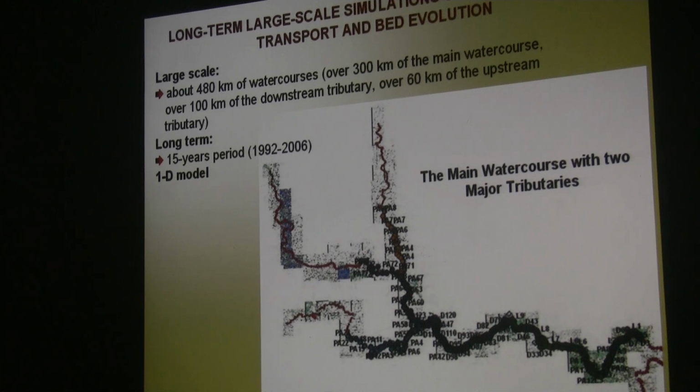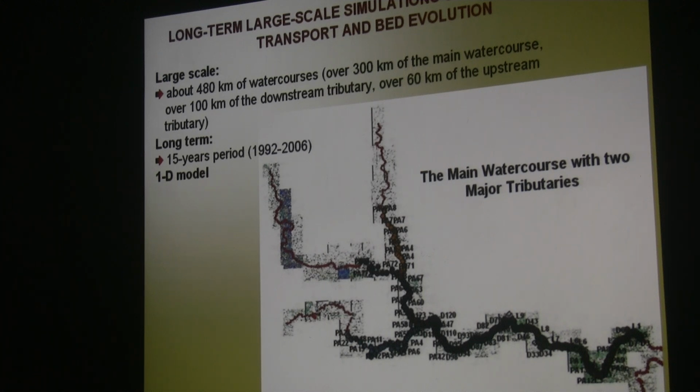I'm calling this the major water course, one tributary, the other tributary, because this is done in combination of 2 projects. One project is our National Science Foundation, and the other is our hydropower authorities here in the country.